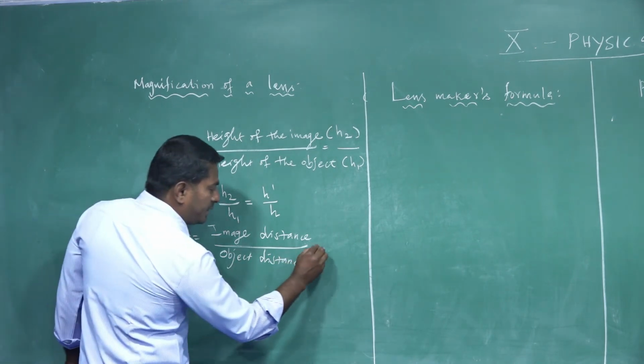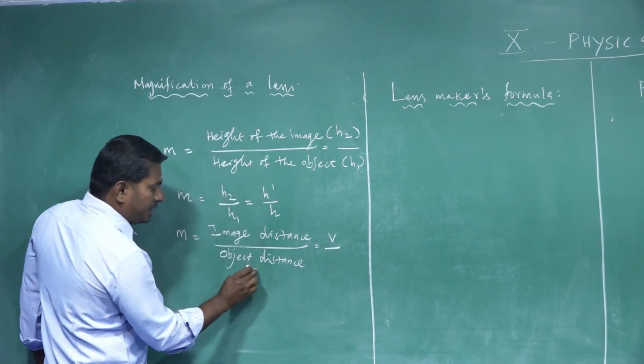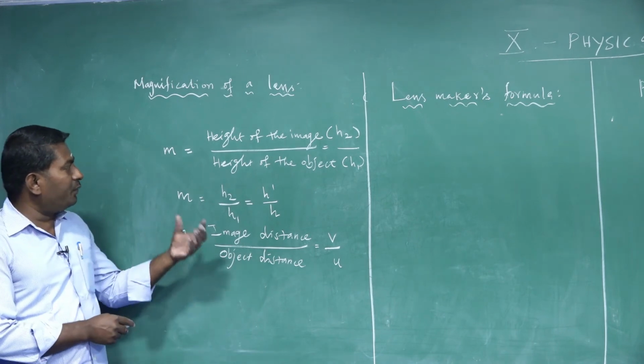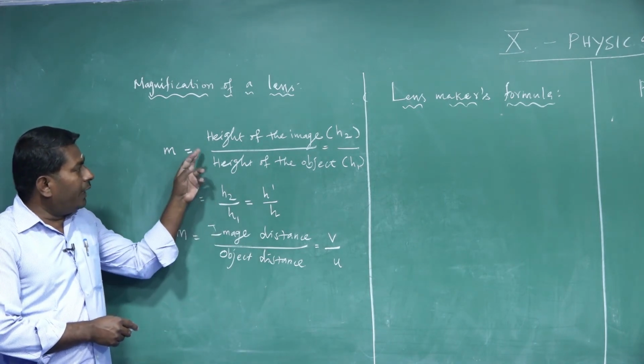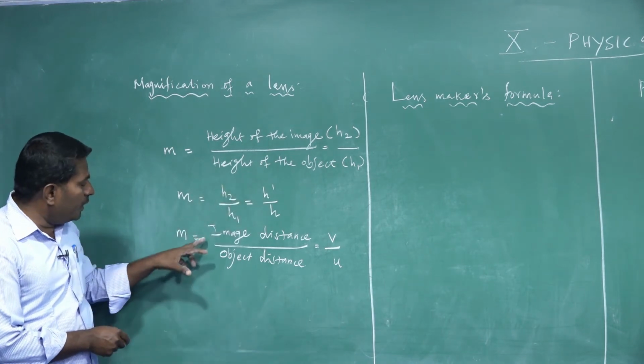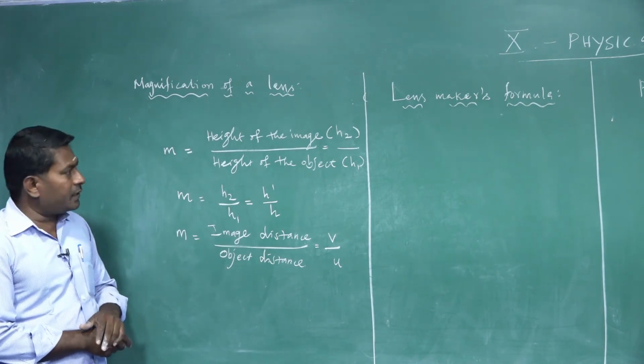Image distance is represented by the letter v, object distance by the letter u. So magnification of a lens is defined as the ratio of the height of the image to the height of the object, which is equivalent to the ratio of image distance to the object distance.